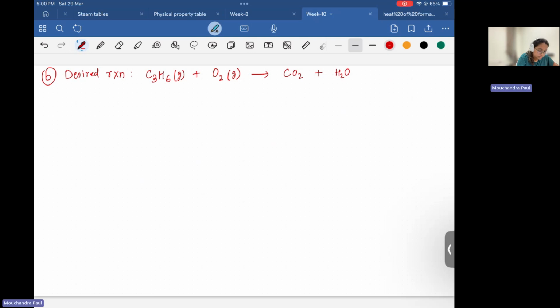Now, if we do stoichiometric balance, carbon 3, (9/2). So this is how the balanced equation looks that we have to obtain from the given expressions.